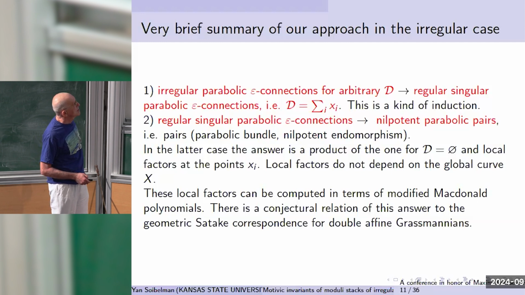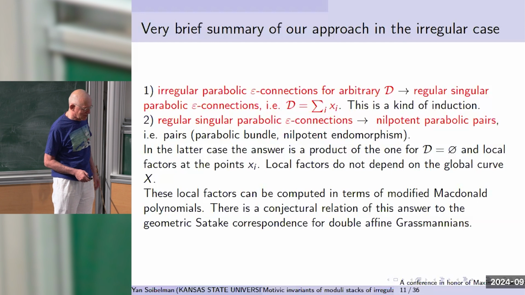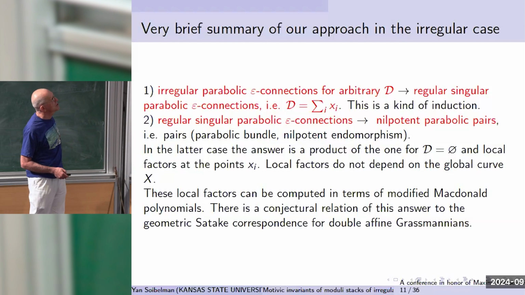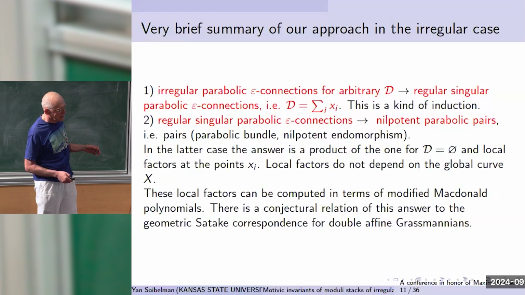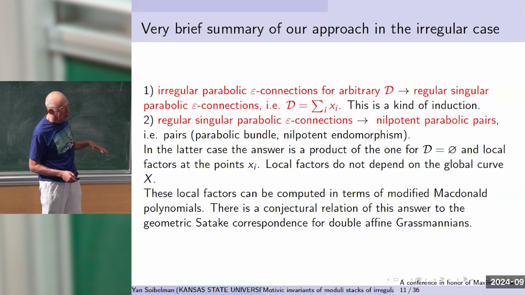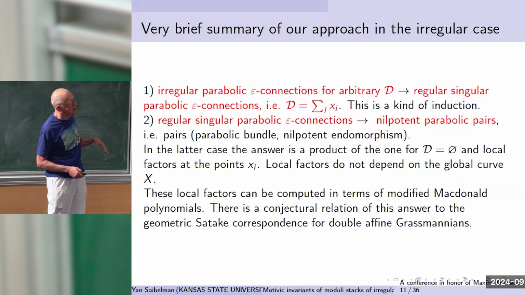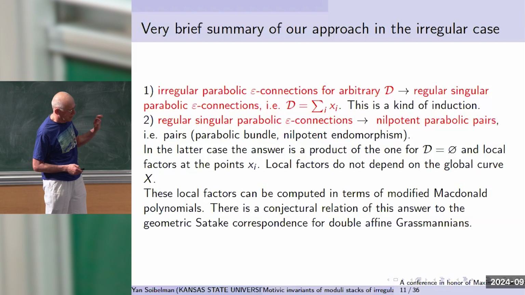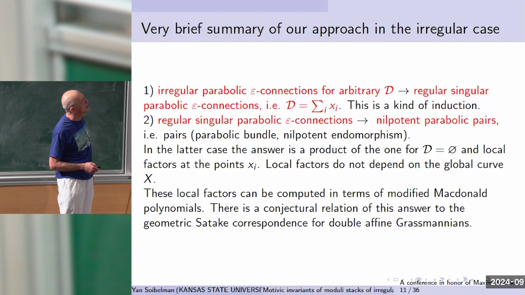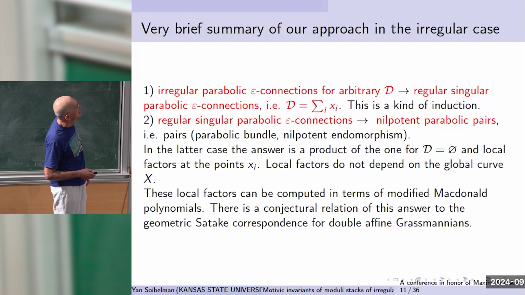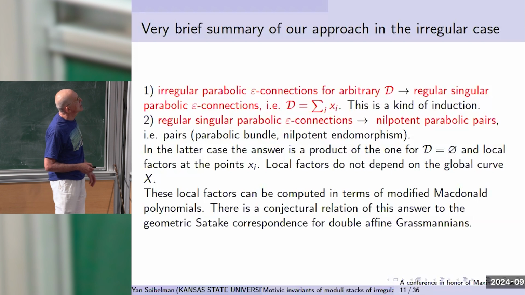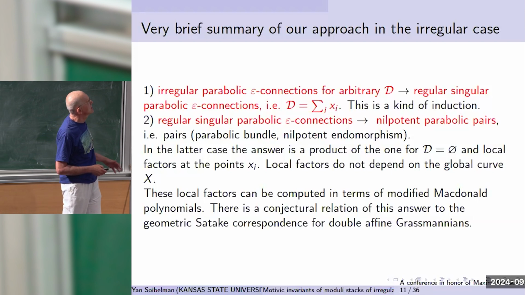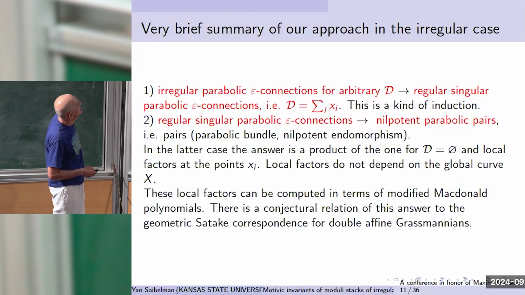But we invented some kind of inductive procedure which allows us to control how the Motivic class of the stack changes when we reduce the multiplicity of the divisor by 1. So this is the most technical step, which contains several non-trivial ideas.